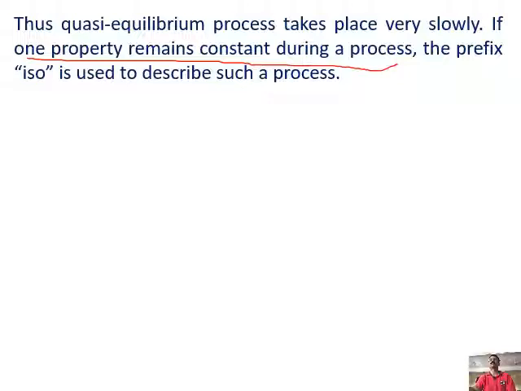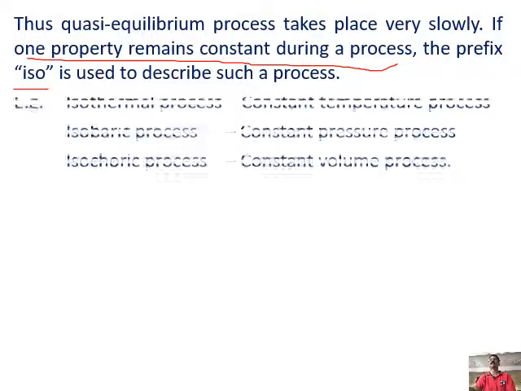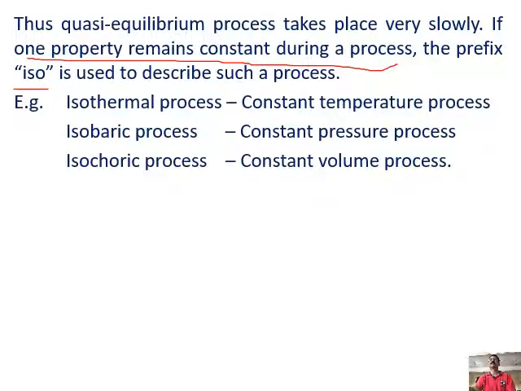Accordingly, you call them by different names by using the prefix iso. If the temperature remains constant, we call it an isothermal process. If the pressure remains constant during the process, we call it isobaric, and if the volume remains constant, we call it isochoric process. So constant temperature is an isothermal process, constant pressure is an isobaric process, and constant volume is an isochoric process, right?